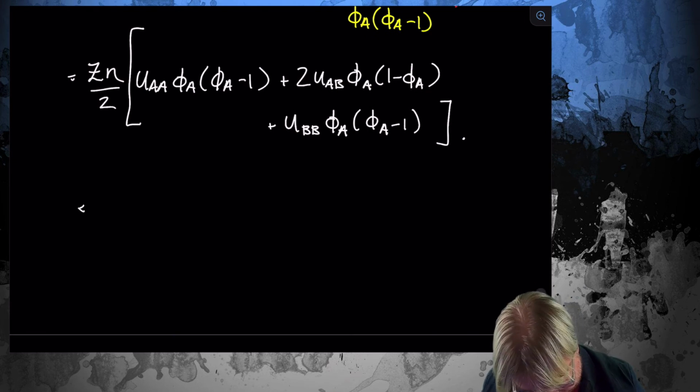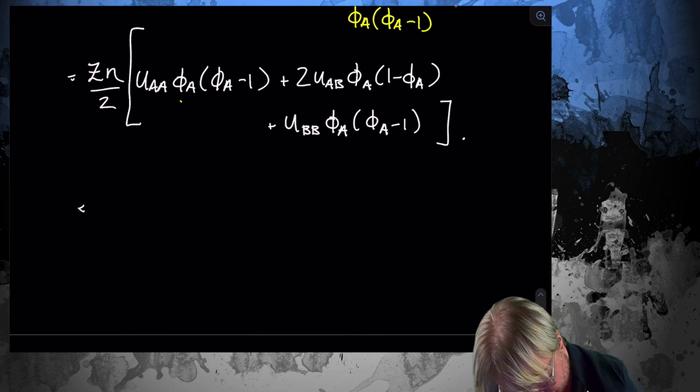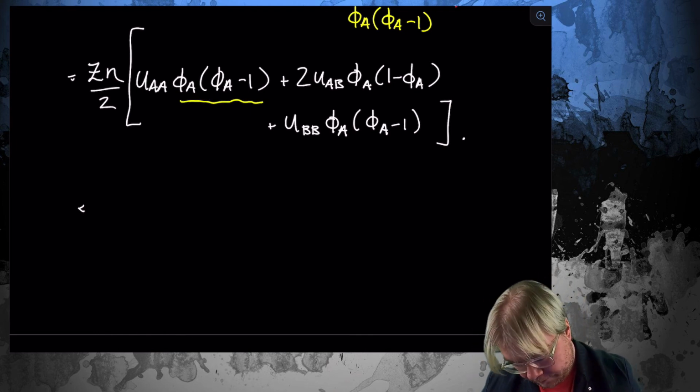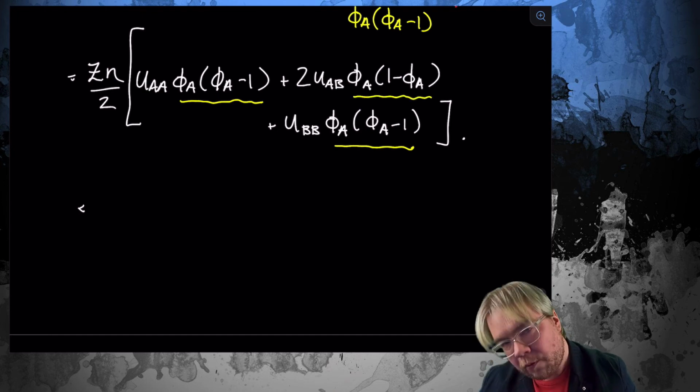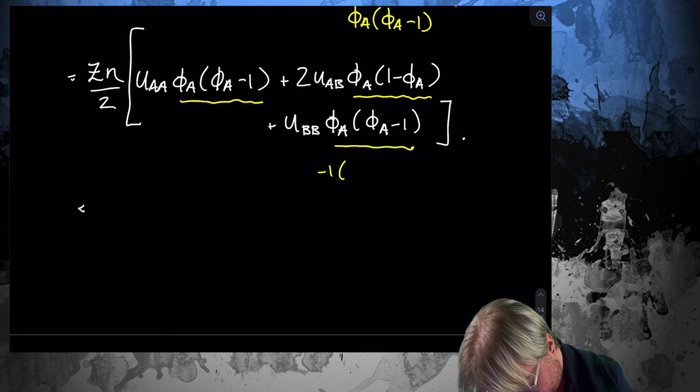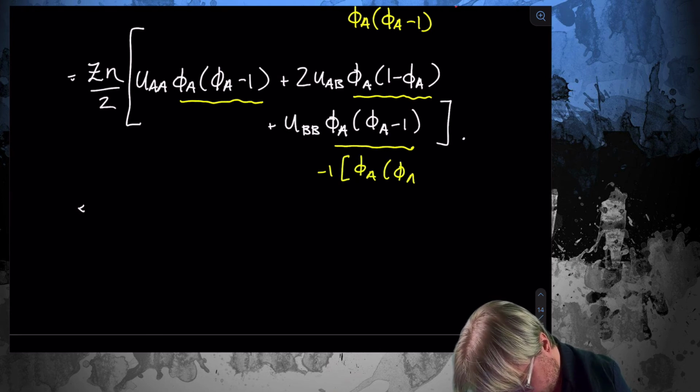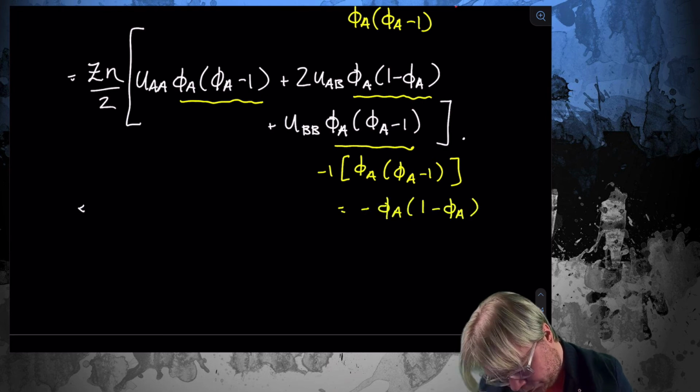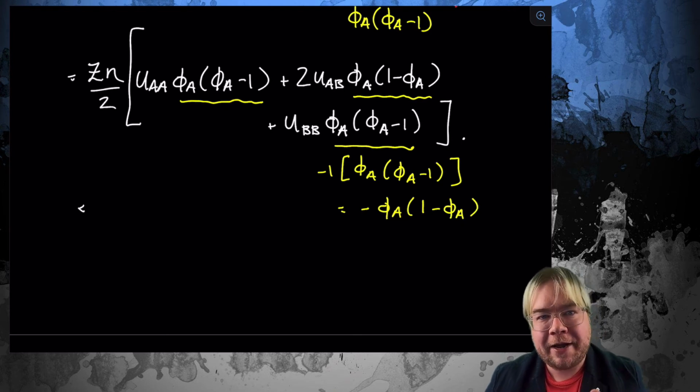All right, so now you see that I've got phi A times phi A minus 1, phi A times phi A minus 1, and phi A times 1 minus phi A. So if I multiply minus 1 by phi A minus 1, then what I'll get is minus phi A 1 minus phi A. So now I can factor everything out.